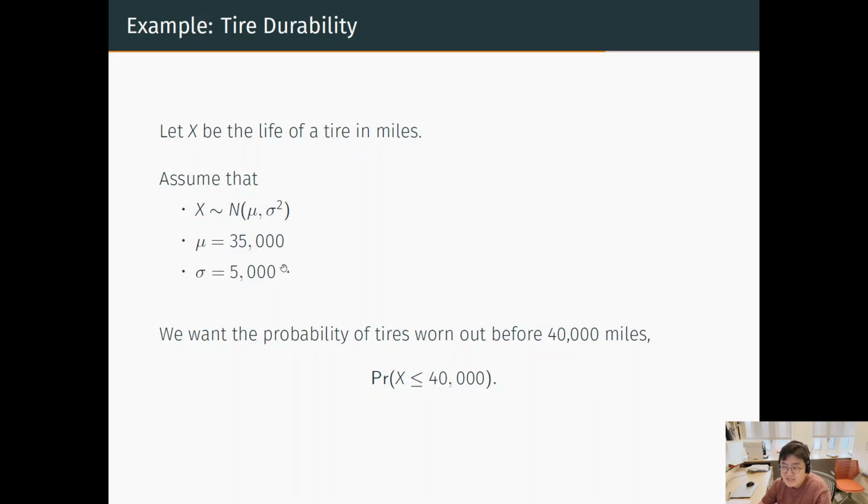So it is definitely not standard. Mean and variance are not 0 and 1. But we would like to calculate the probability that a randomly chosen tire wears out before 40,000 miles. It does not last 40,000 miles. How can we calculate this probability?